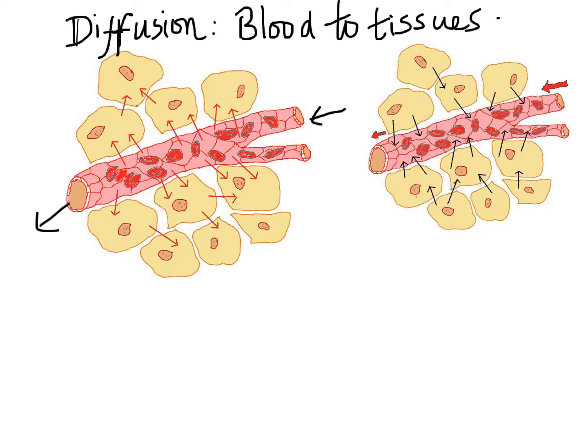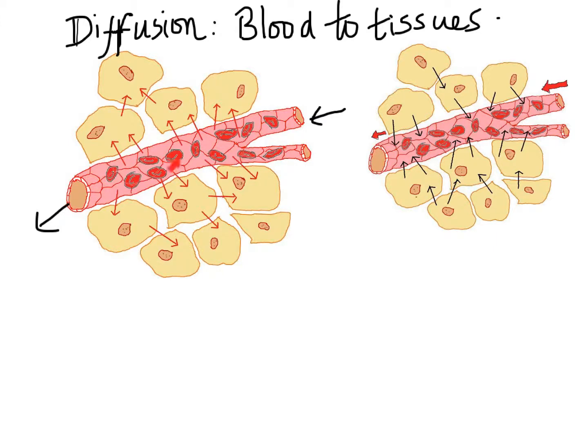And because the blood is moving, bringing fresh blood in with high oxygen concentration, the difference in concentration remains high. Also, the capillary being one single layer of cells means it's very thin, so diffusion is more efficient. So, three main adaptations.